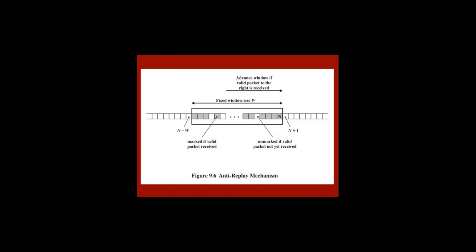If the packet is authenticated, the window is advanced so that this new sequence number is at the right edge of the window and the corresponding slot in the window is marked. If the received packet is to the left of the window, or if authentication fails, the packet is discarded. This is an auditable event, which you can usually find in the log files.